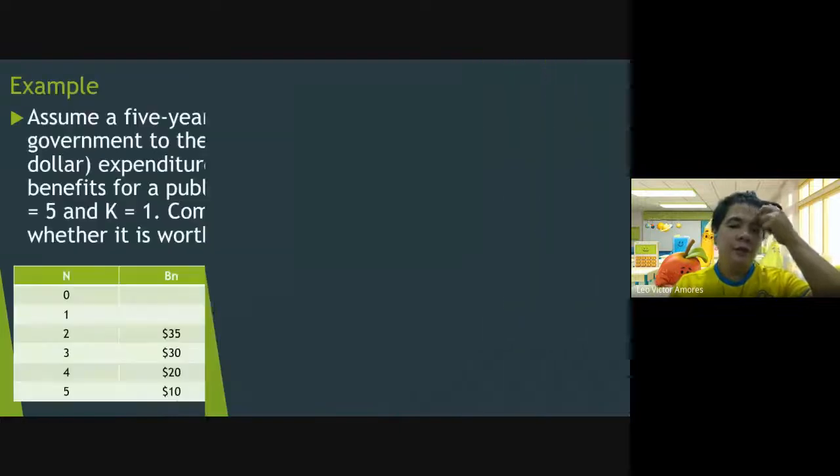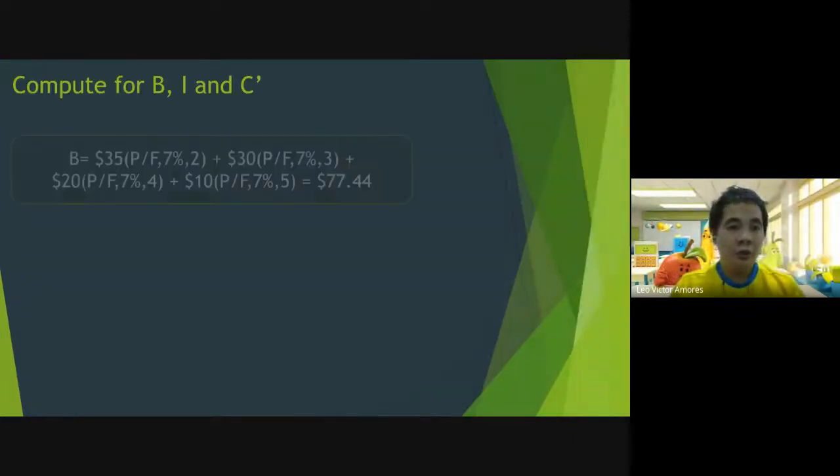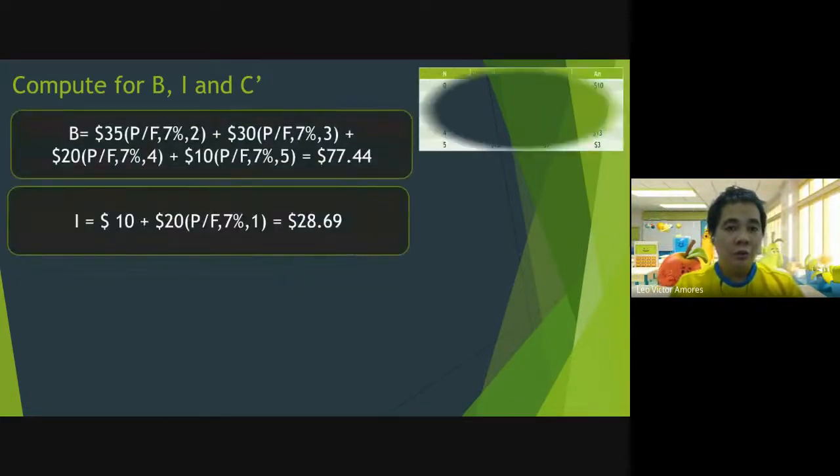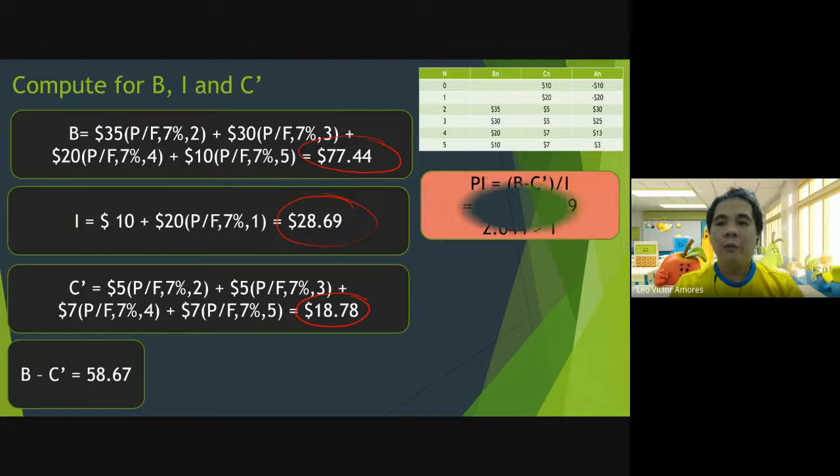So say for example, you have this type of problem. You have a 5-year program committed to the government in constant dollars and so on. By computation or by formula, your B is equal to 77.44, your I is 28.69, and your C is 18.78. Therefore, you can compute your BC ratio.